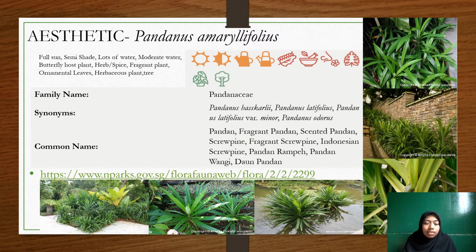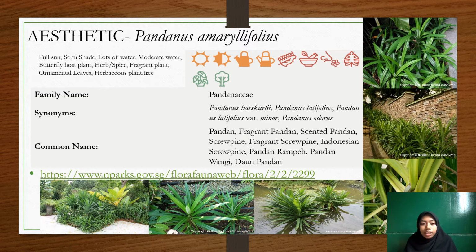This plant needs to grow with full sun, semi-shade, lots of water or moderate water, and this plant is a butterfly plant, houseplant, herbal or spice, fragrant plant and ornamental leaf, and herbaceous plant. Family name is Pandanaceae, and common name is pandan.